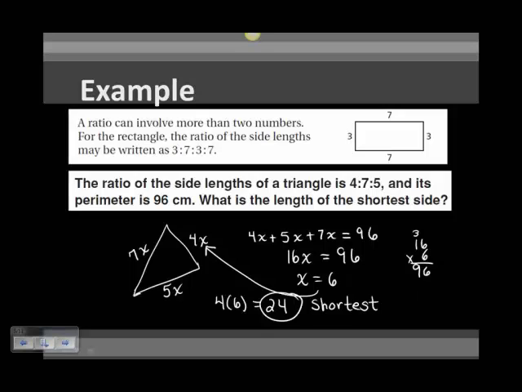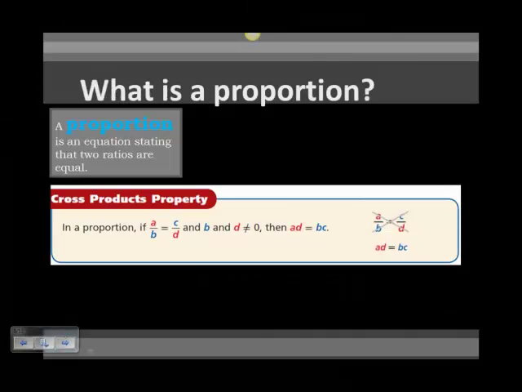All right, let's move along here. Now, a proportion is very similar to a ratio, but it is the statement that two ratios are equal. So if I have one ratio A to B, and it's equal to another ratio C to D, then those two ratios form a proportion.